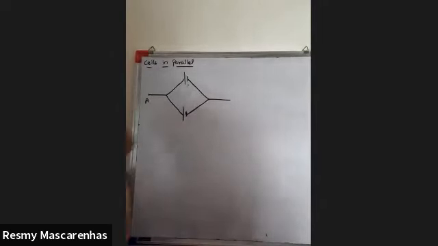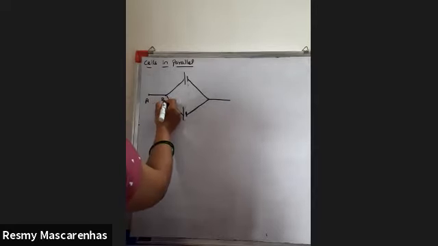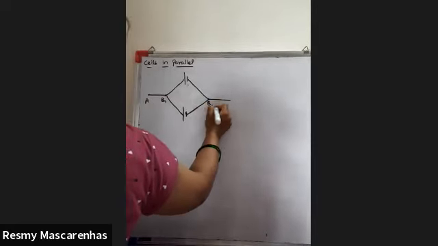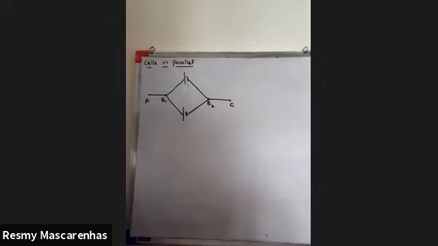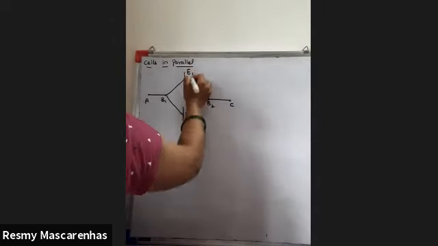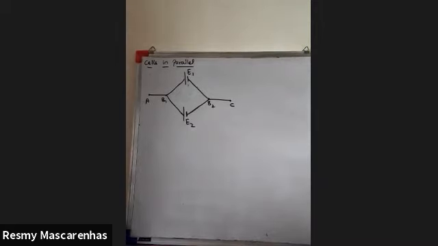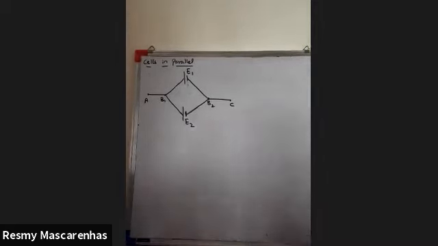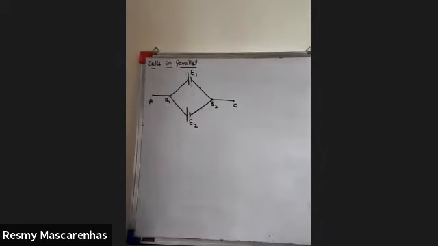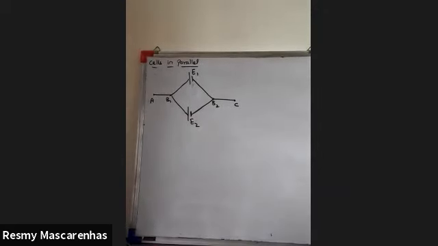Okay. I'll mark this point as E1, and this point as E2. These are my two cells E1, E2. They are connected in parallel.